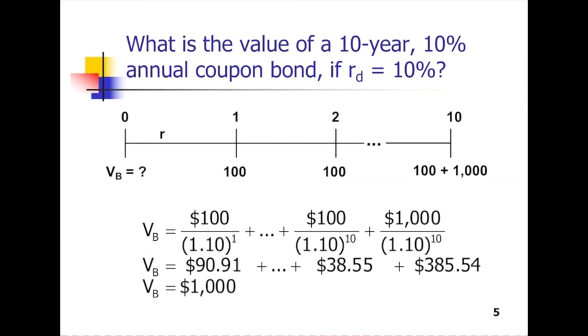Here is an example. What is the value of a 10-year, 10% annual coupon bond if the discount rate is 10%? In this example, the specific values are given, right? And 10% annual coupon bond means the coupon interest rate.